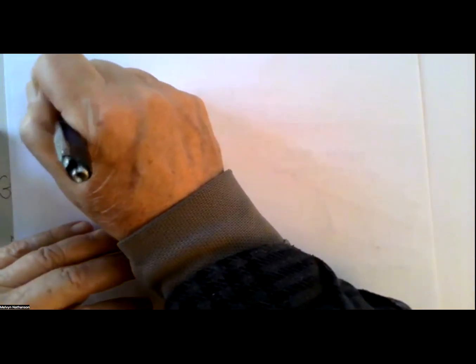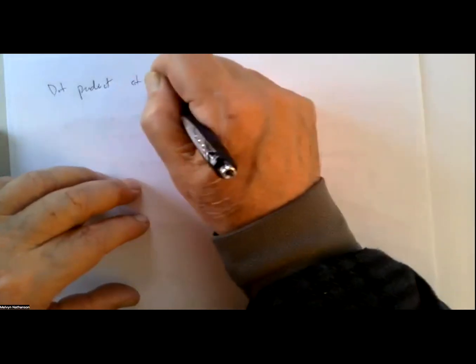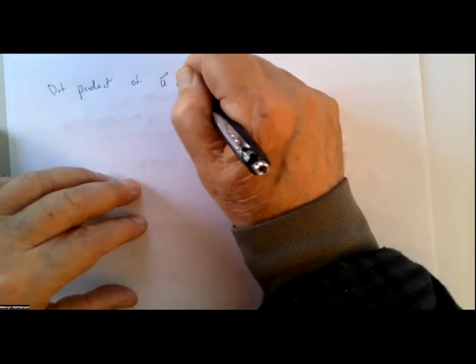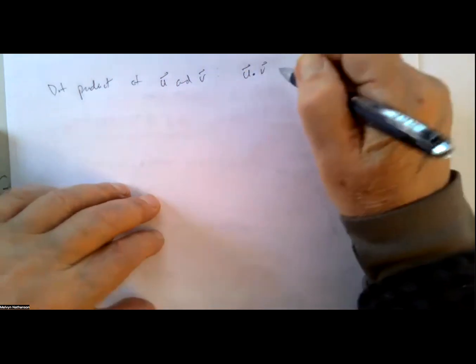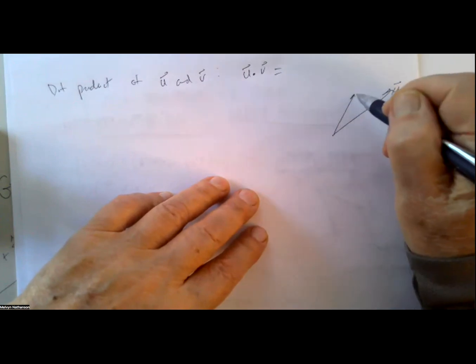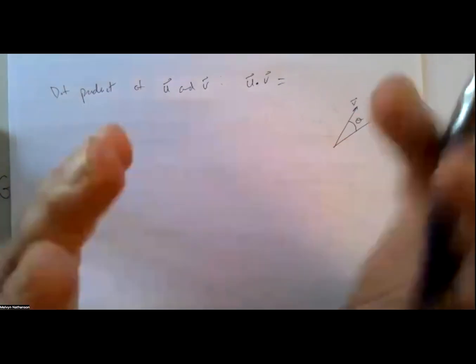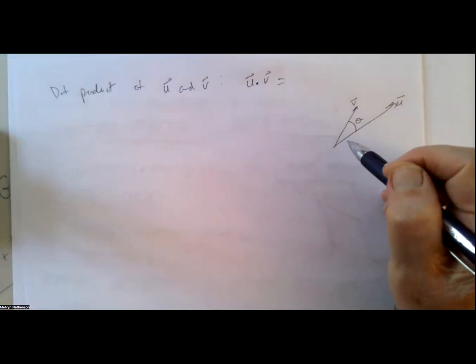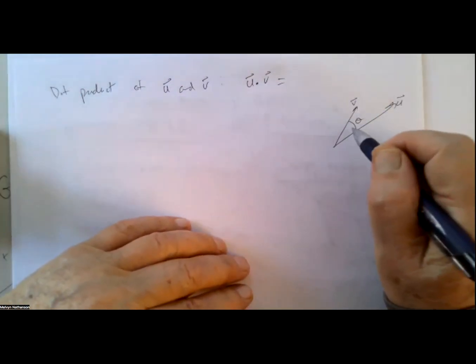So you have the dot product of two vectors, U and V. So let's write it as U dot V. So here's the vector U, here's the vector V. Whether they're in two-dimensional space or three-dimensional space, two non-parallel vectors define a plane, there's an angle between them, and you take the acute angle between them.